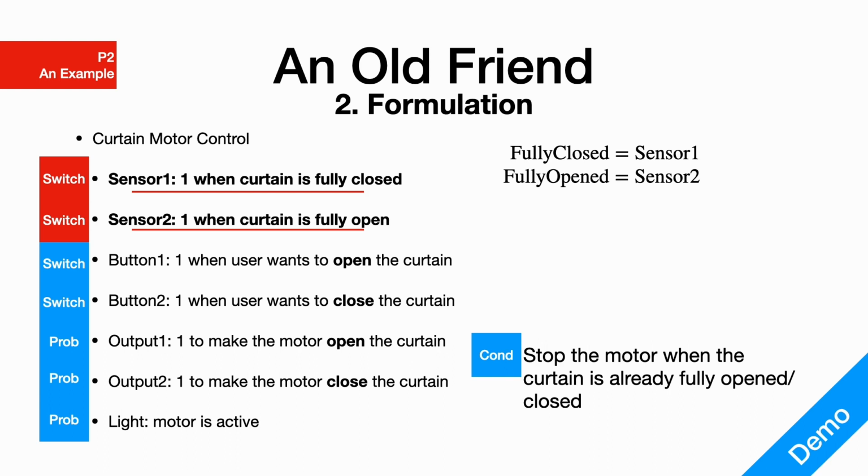So if the curtain is fully closed, sensor 1 will give out a positive signal, which is transferred to fully closed. If the curtain is already fully opened, this will trigger a positive signal in sensor 2, which is then transferred to fully opened.